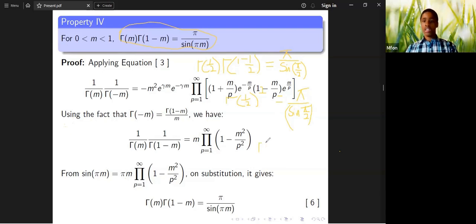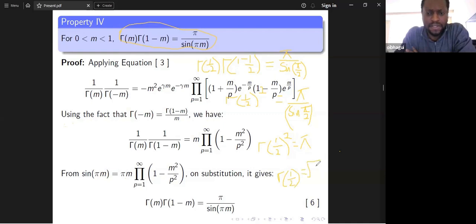So that means gamma of half all squared is equal to pi. When you square root it, you get gamma half is equal to the square root of pi. Yeah, thank you. That's clear.